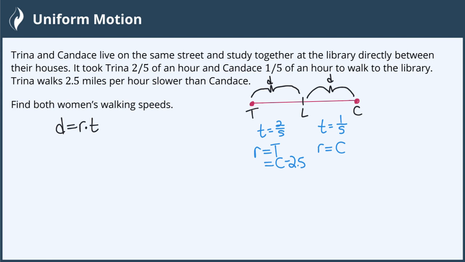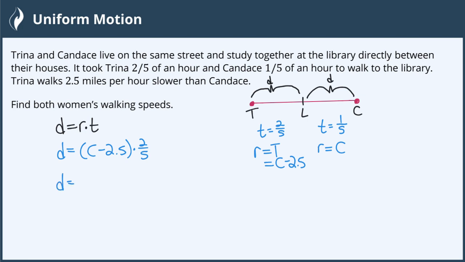So that actually is all the information that we need, because we know that the two distances are the same amount. So when we're looking at Trina, we can say her distance is her rate, which is C minus 2.5, times the time, which is 2/5. And we can do the same thing with Candace.